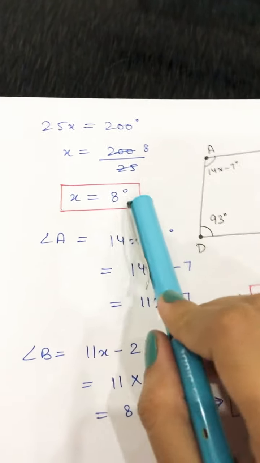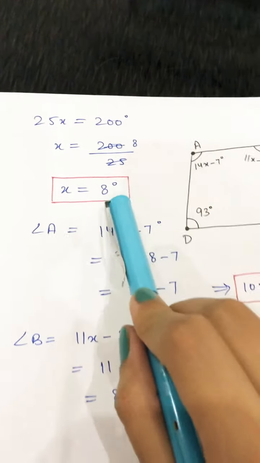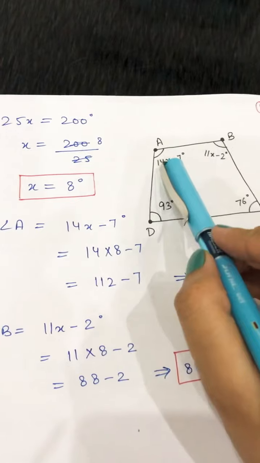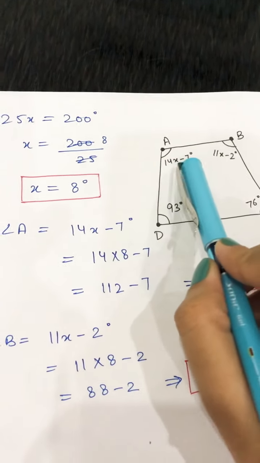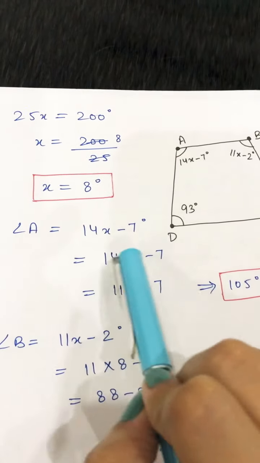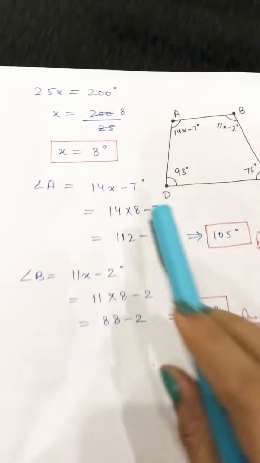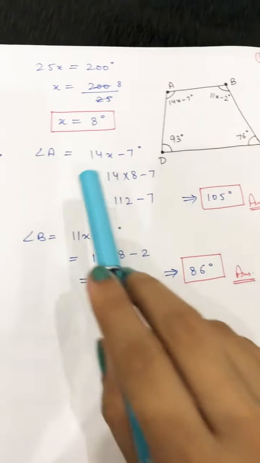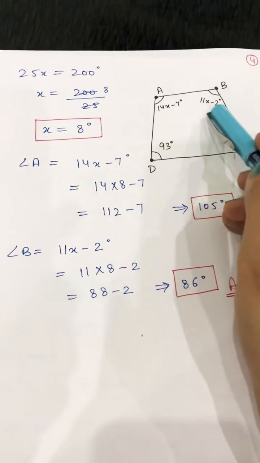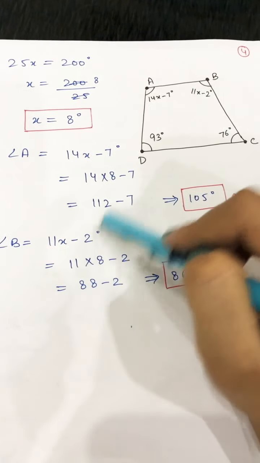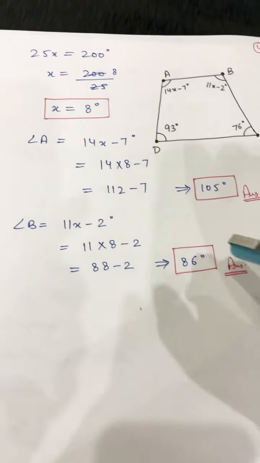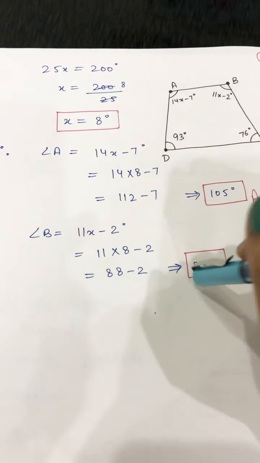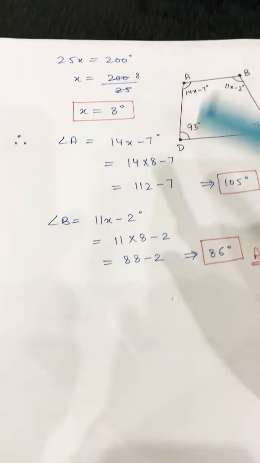So now this is the value of x, but this is not angle A. For angle A you have to put this x value in this statement, 14 multiplied by 8 minus 7, and take out the answer of angle A. Similarly for angle B, 11x minus 2, so 11 multiplied by 8 minus 2, and take out the answer of angle B.